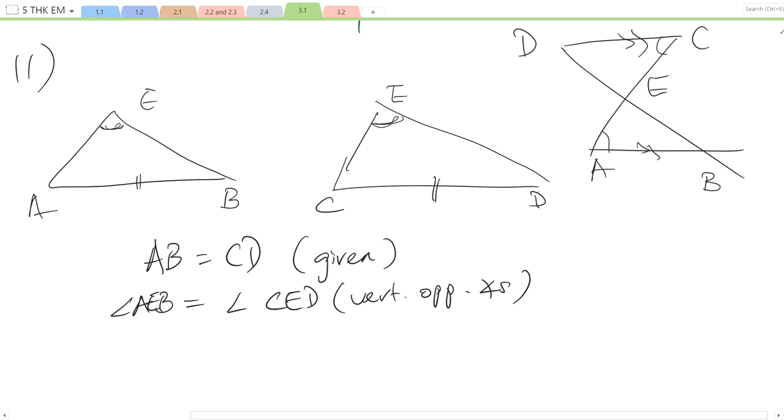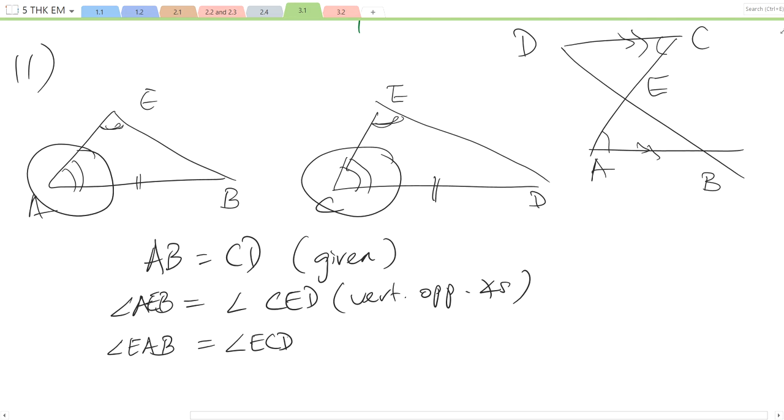DCE is over here. So we have shown that this angle is supposed to be the same as EAB. Oh, look, they are corresponding angles. So I can write that down already. Angle EAB is the same as angle ECD. Reason: alternate angles, parallel lines.